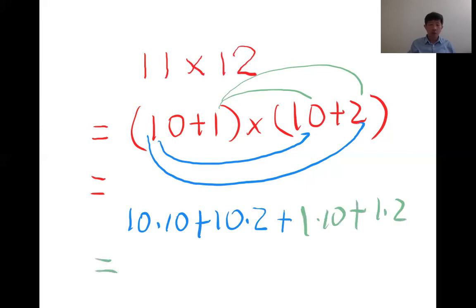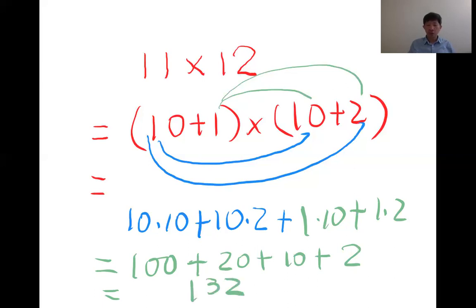So the total is 100 plus 20 plus 10 plus 2, which is 132.